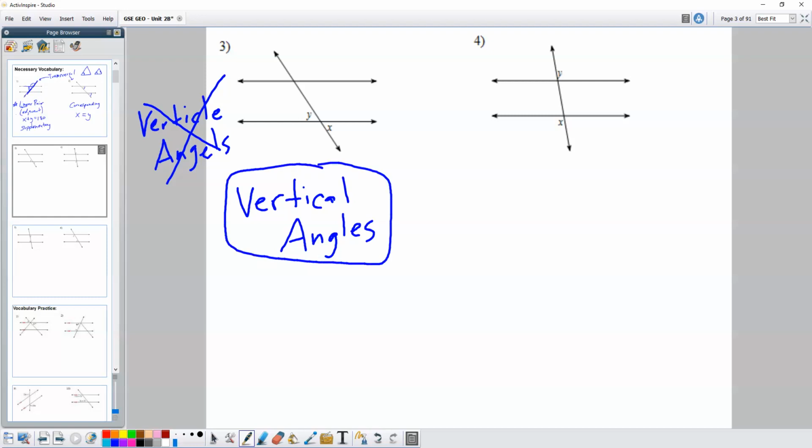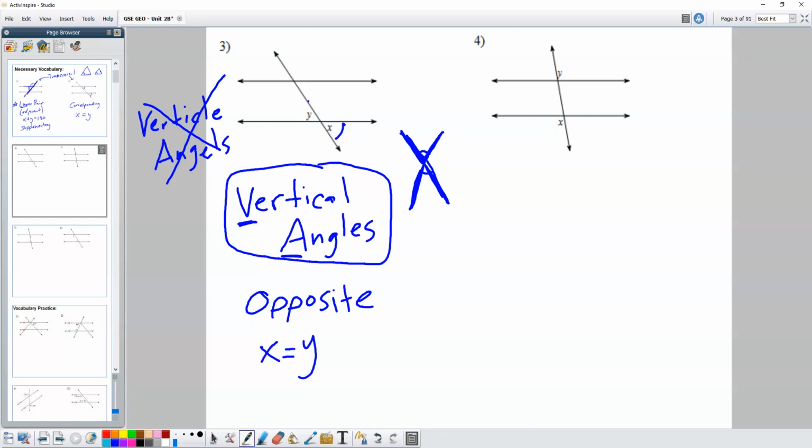The way that some people remember that, they look at the V and the A right here. If you're looking at vertical angles, here's your V, and then you have A down here. So that's one way. Vertical angles can also be called opposite angles. And vertical angles just make an X pretty much. Okay, so x is equal to y up there.